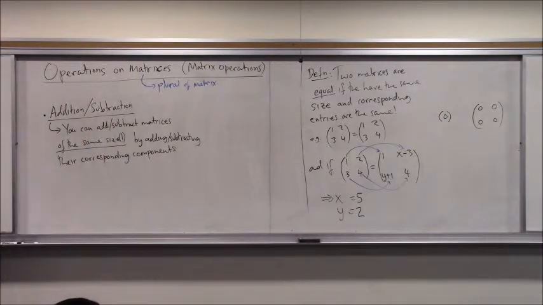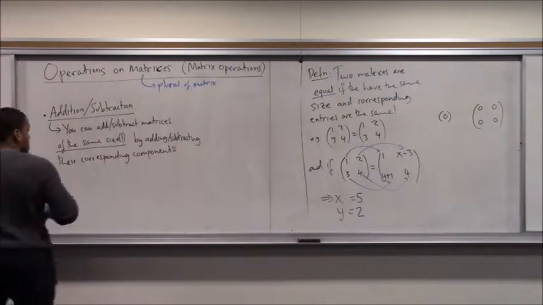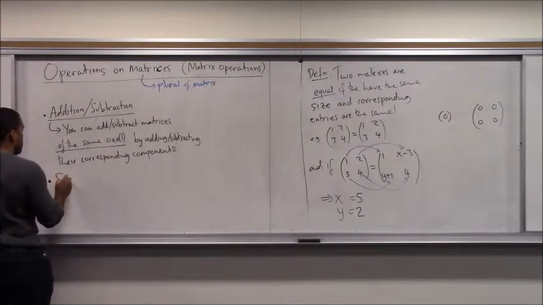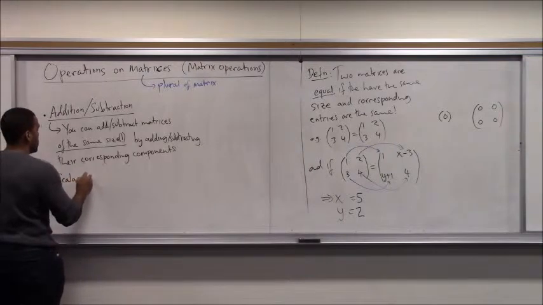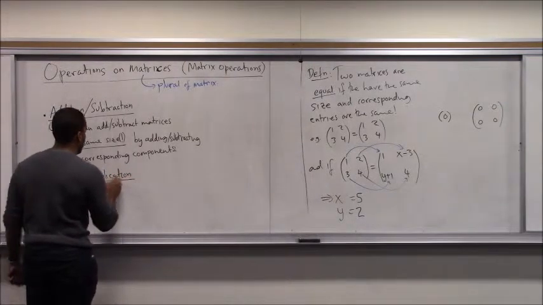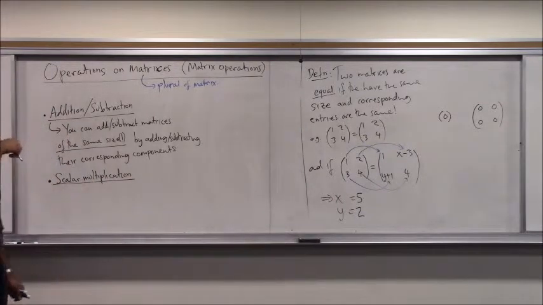Let me define something else first, and then we'll do some examples. There's another kind of operation called a scalar multiplication. A scalar is just a constant.